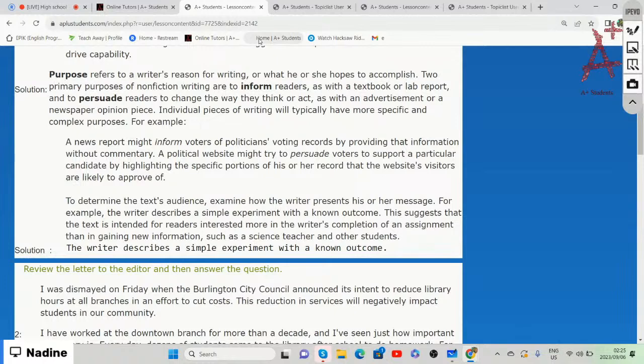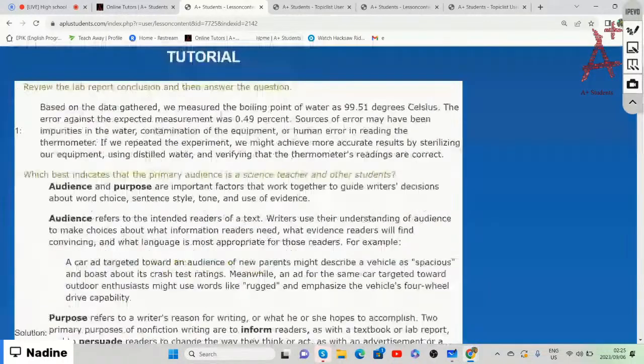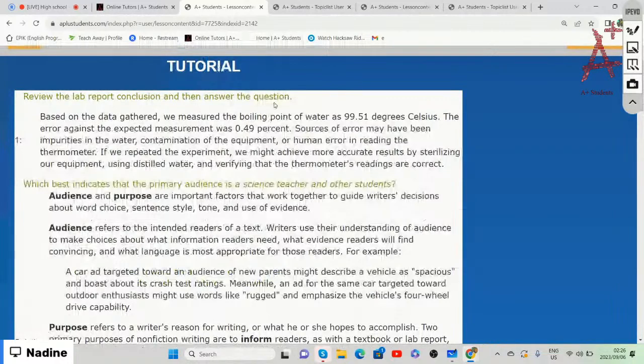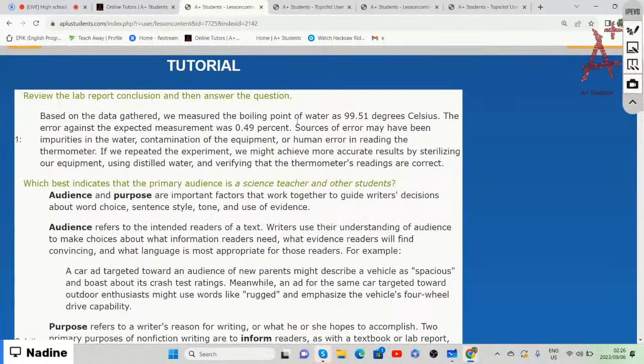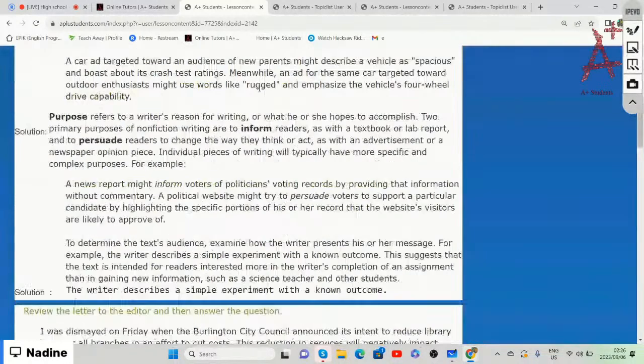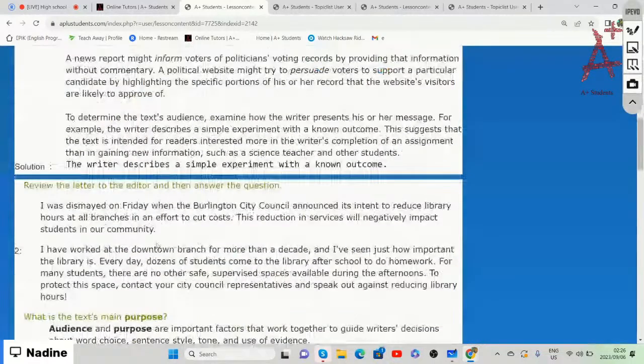But like I say, if you are not, for example, in this case a science student or a science teacher, then you won't find anything to do with degrees, boiling points, contaminations, thermometers interesting or appealing, because the writing is not intended for you.